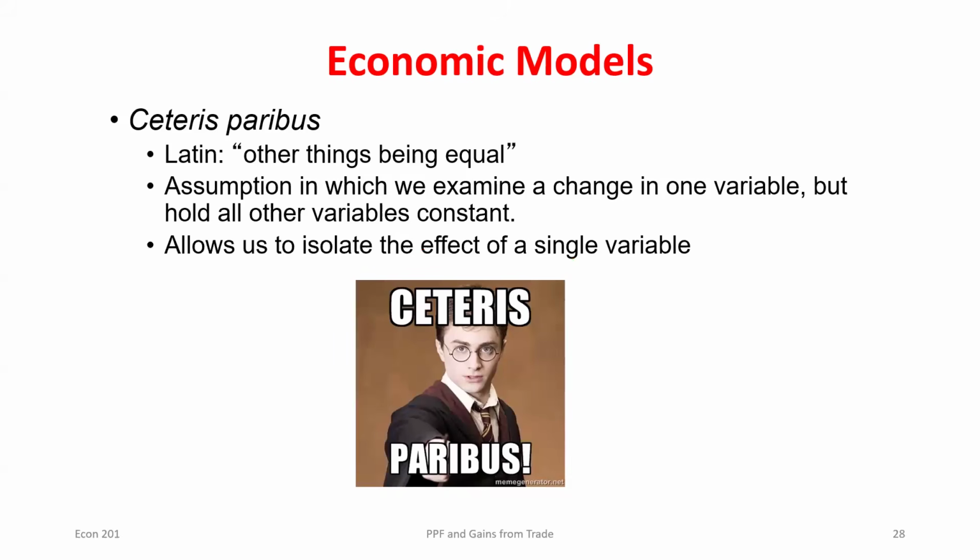What this allows us to say is something like, if I increase the price, how much less are people going to buy? Well, that's assuming that the quality of the product has remained the same, and that the area of the country where I'm selling this product is the same. It's holding all these other factors constant, so I can just look at the relationship between price and the quantity that people are purchasing.